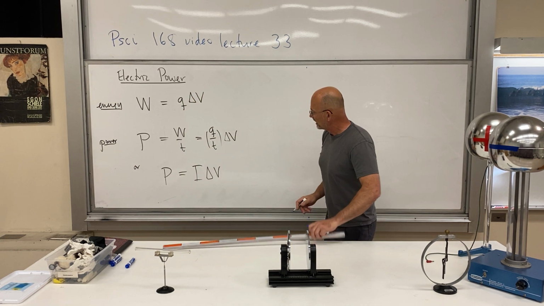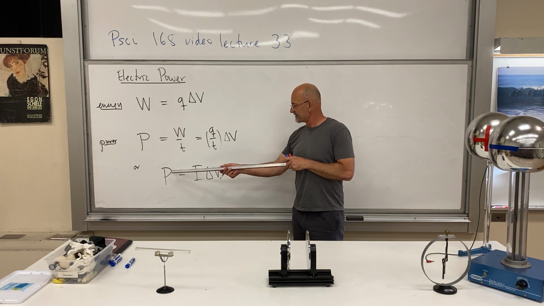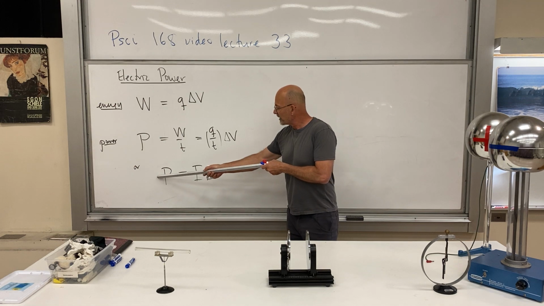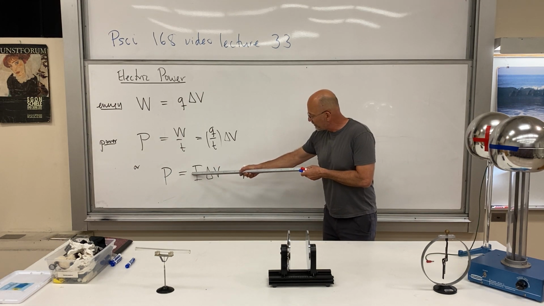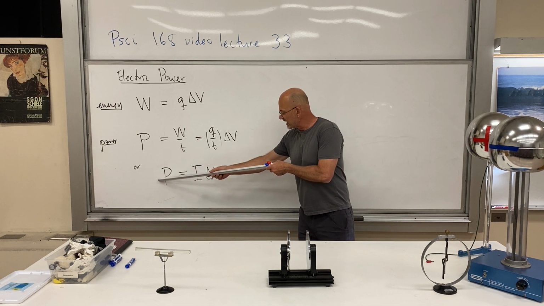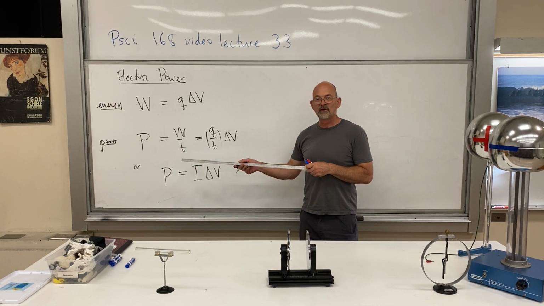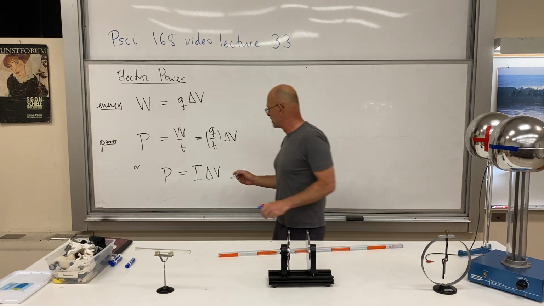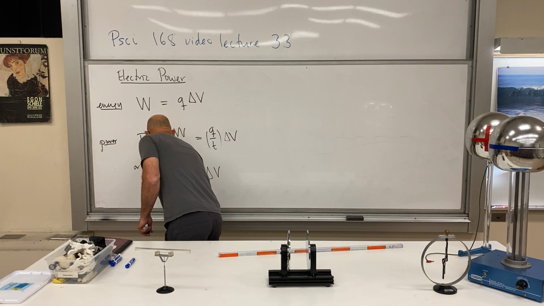And you can even put the units in here, and you'll actually never forget this. So we have watts equals amperes times volts, okay? And this is already a formula that you can use around the household electricity. So let's even write that here.